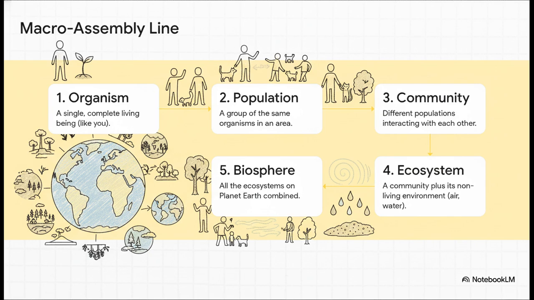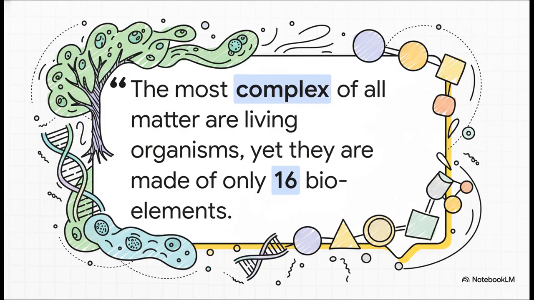That's a population. Now, add in the populations of dogs and squirrels and the oak trees in your neighborhood, and bam, you've got a community. Then add the non-living stuff, the air, the water, the soil, and now you have an ecosystem. And finally, you take all the ecosystems on Earth, combine them together, and you get the biosphere, the sum total of all life.